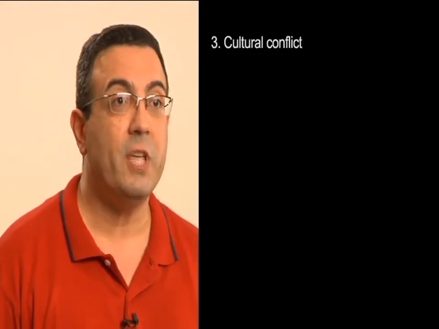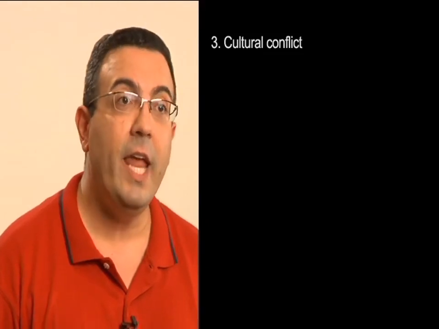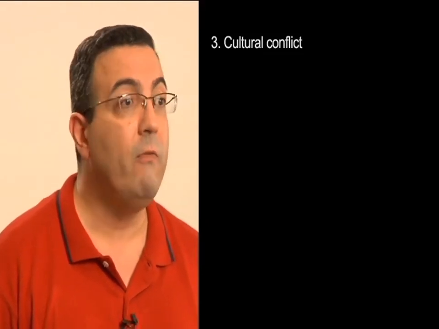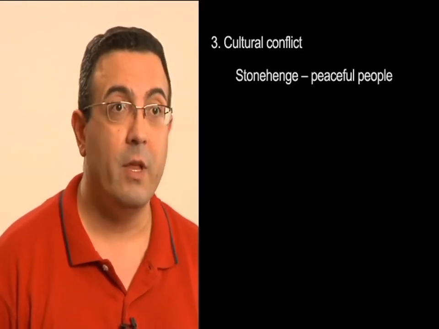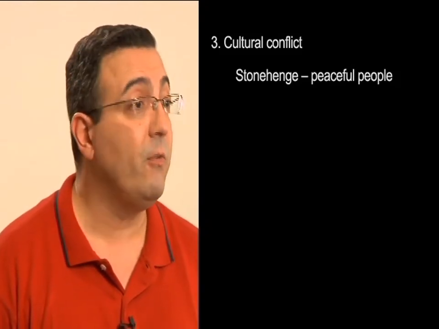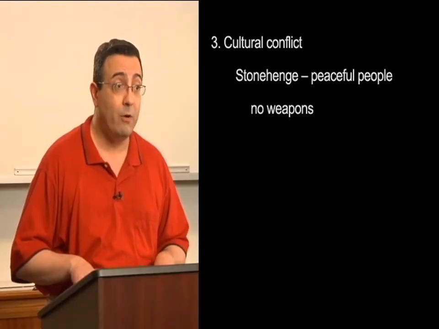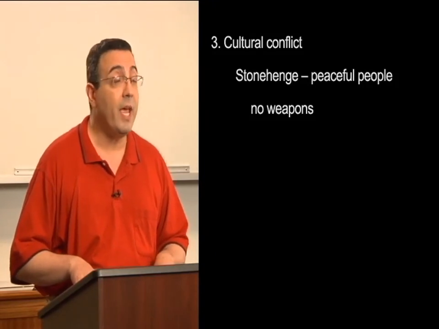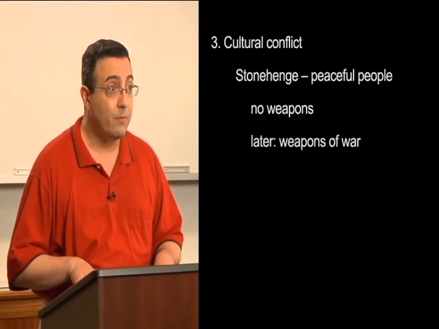The third and final big reason societies collapse is cultural conflict. Archaeologists have found evidence that the ancient people of Stonehenge were very peaceful for a time. They had no weapons except for hunting. However, later, they began to make weapons of war.